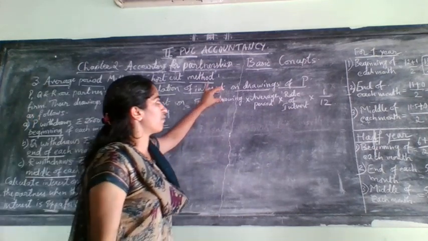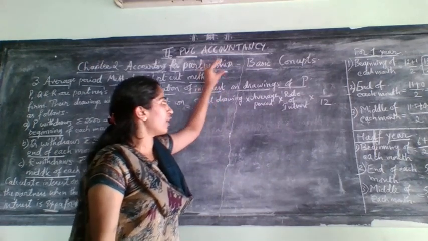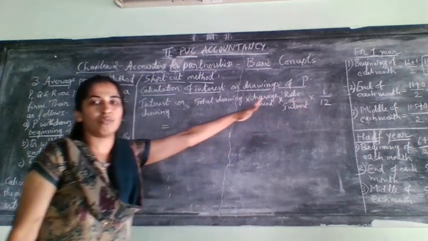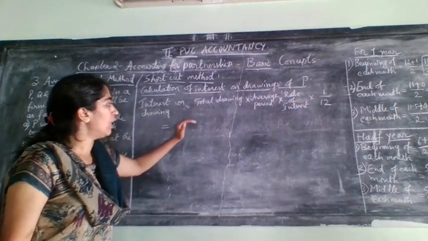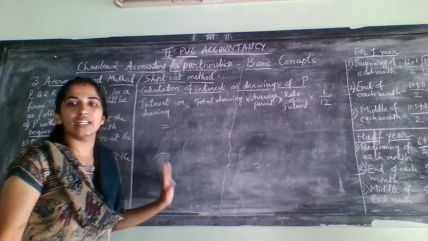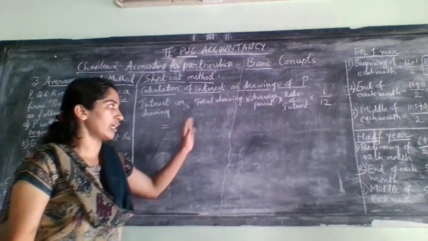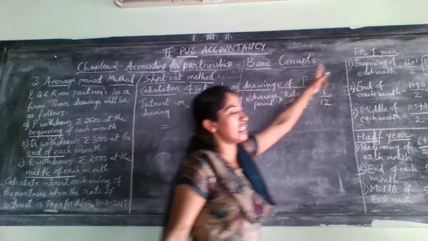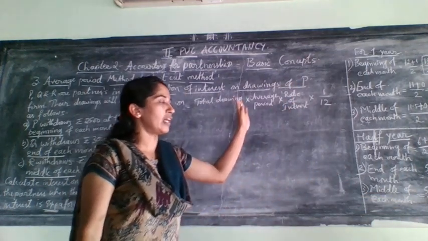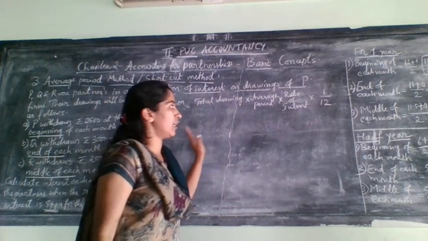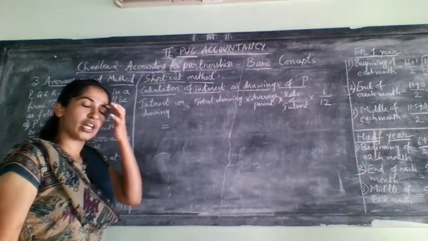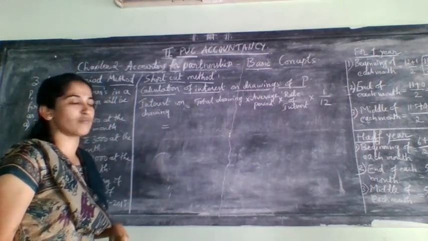Just find out first the total drawing, then the average period, then the rate of interest, then 1/12. Write the formula, apply the values, get the values, and finally write the interest on drawing amount. That is it. But you need to remember this part properly, then only you can do this problem correctly. This is one of the easiest compared to the product and direct methods.